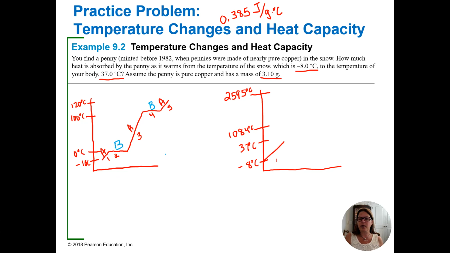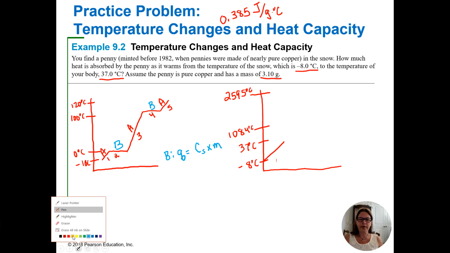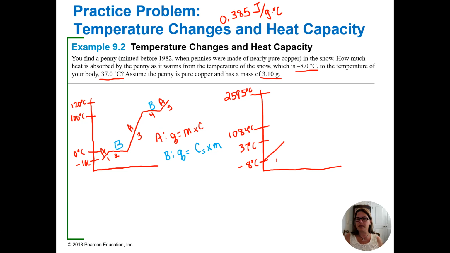Okay, so the second equation is Q equals the specific heat times the mass. The first equation is Q equals the mass times the specific heat times the change in temperature.